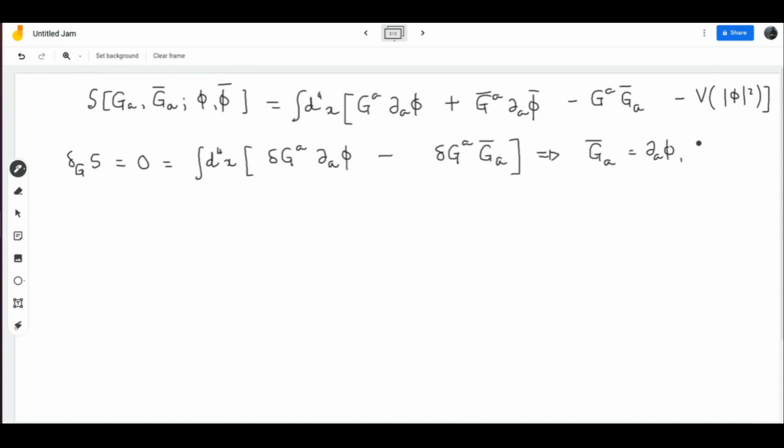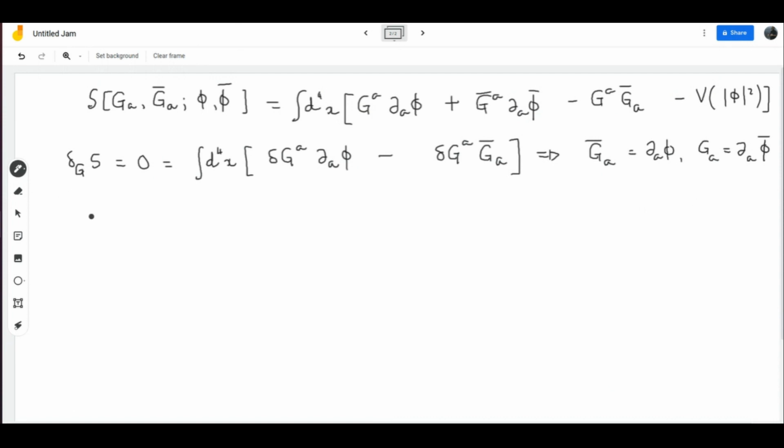Similarly, if you do the variation with respect to g bar, you'll get g a equal to del a phi bar. I'm not doing the calculation, but it will go exactly the same way because the bar and unbar symmetry is obvious from this action. So now we have a solution for g and g bar in terms of the derivatives of phi and phi bar.